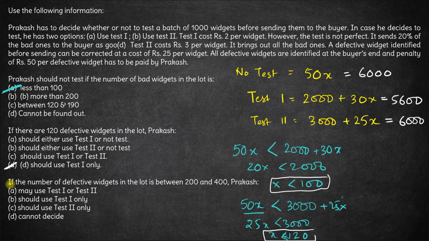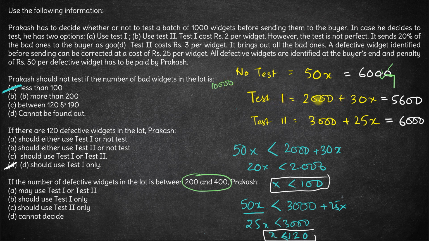And now coming to the third question of this set. If the number of defective widgets in the lot is between 200 and 400, what should Prakash do? Now, if the number of widgets is 200, let's look at the costs for each of these three options that we have. If the number of widgets is 200, this cost will be 10,000.